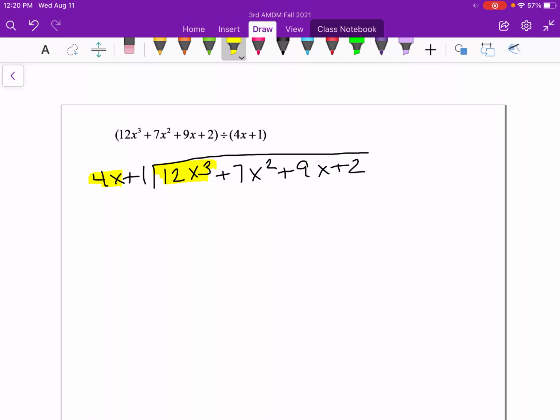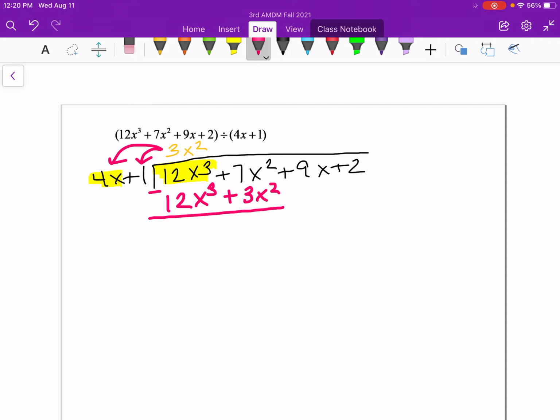So 12 divided by 4 is 3, and x cubed divided by x is x squared. And then I multiply. 3x squared times 4x gives me 12x cubed, and then 3x squared times 1 is 3x squared. And you subtract.